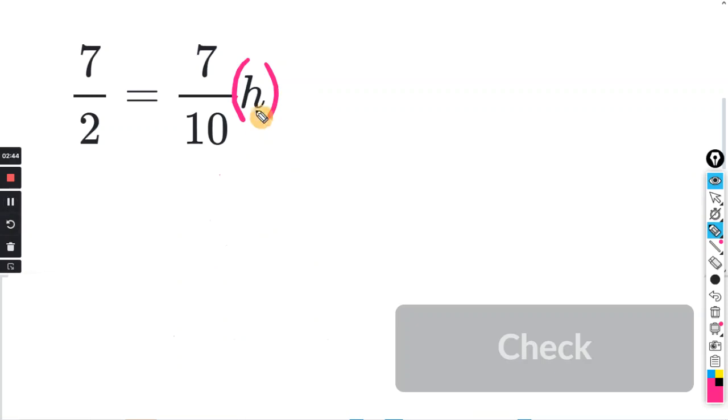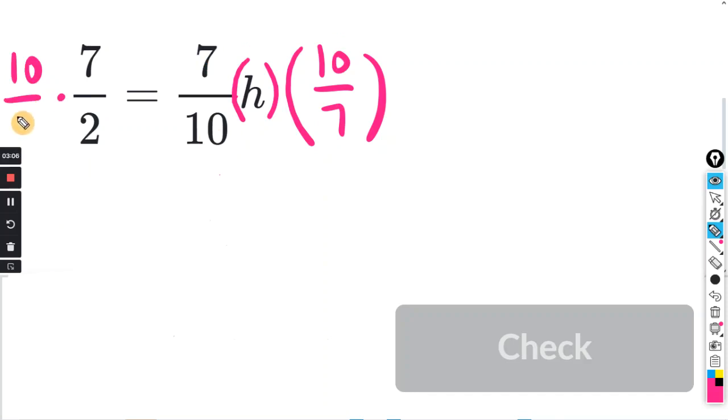Instead of 7/10, we're going to multiply both sides by 10 over 7. This right here is the reciprocal of this right here. You want to do the same thing to both sides. So multiply by 10 over 7.